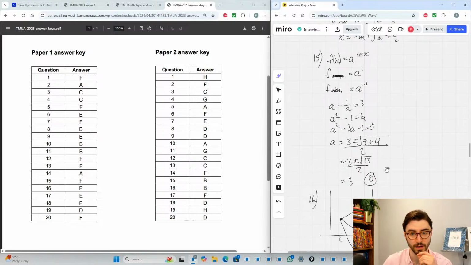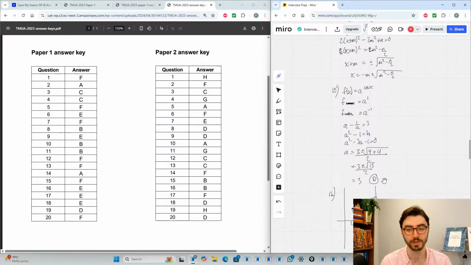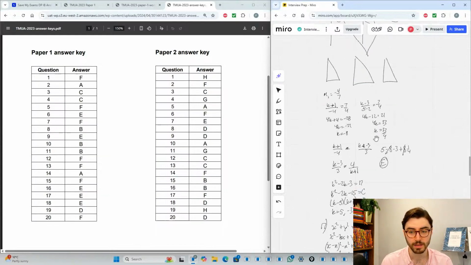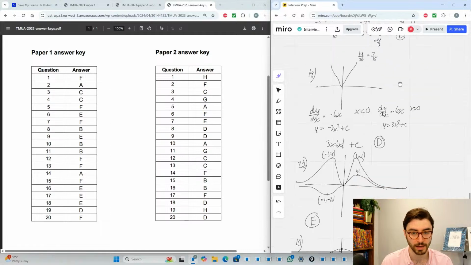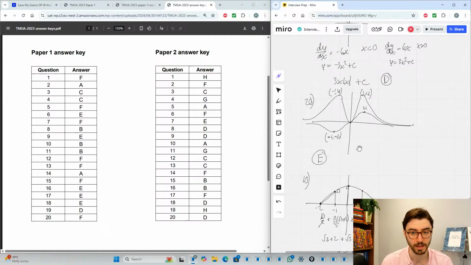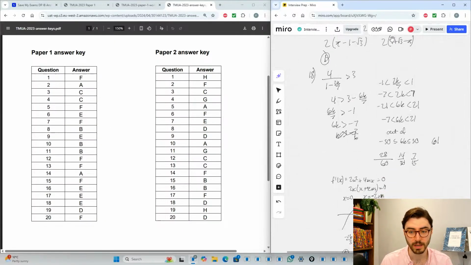Okay, so 15 I got wrong. That's annoying. So let me write that down. So I'll keep going just for momentum. So 15 I have to go over. 16E, 17E, 18E, 19D, 20. 20 I got it wrong as well. That's annoying. 10 was B.